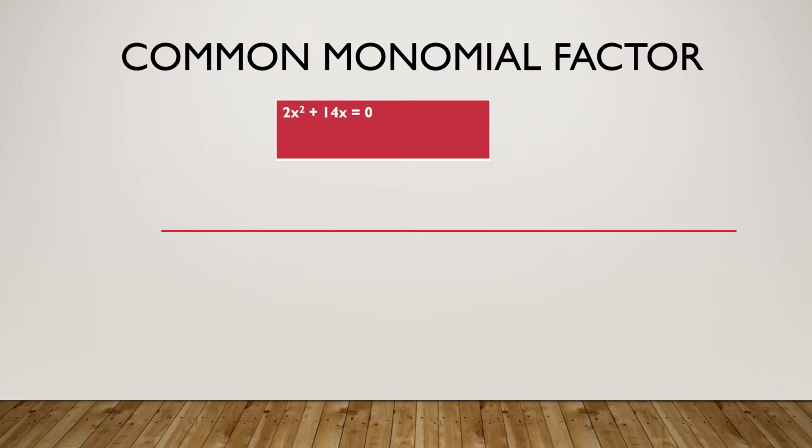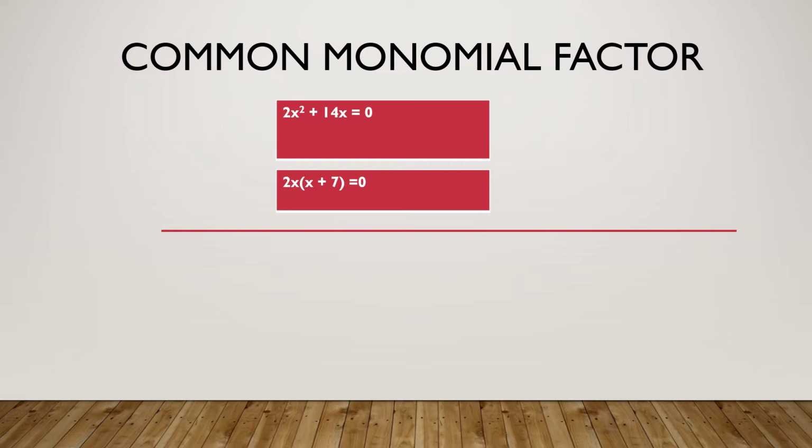Because you can exactly divide 14 by 2, so you have 2 as the common factor of 2 and 14. Then for x squared and x, that would be x. So the common monomial factor is 2x.